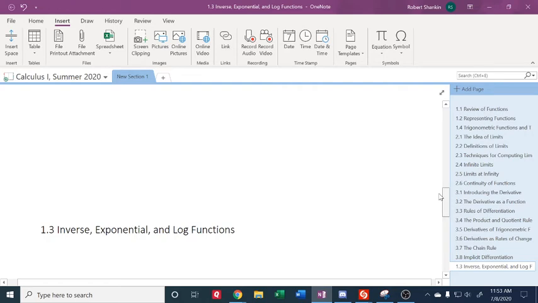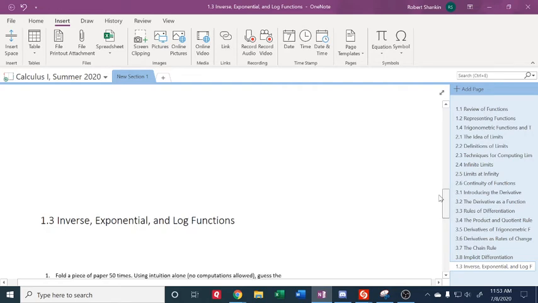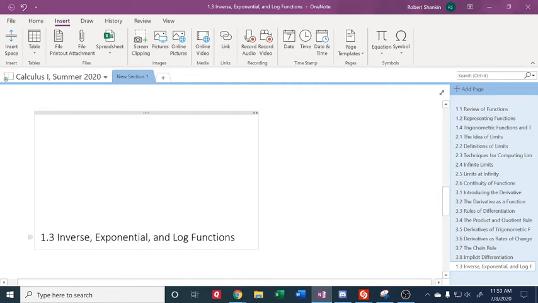So the section that we're going to be getting into today is inverse, exponential, and log functions. The reason why we're doing that, and it's from chapter 1, is that the section right after this is 3.9, derivatives of logarithmic and exponential functions.